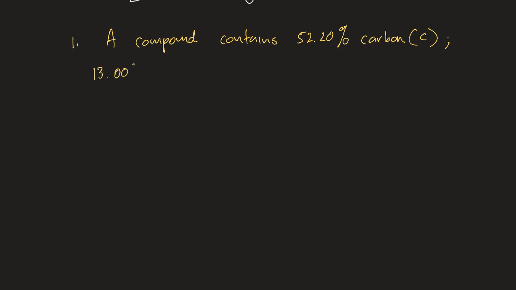All right, let's see. Example 1. A compound contains 52.20% carbon, 13.00% hydrogen, and 34.8% oxygen.